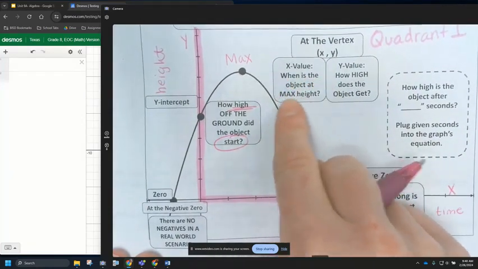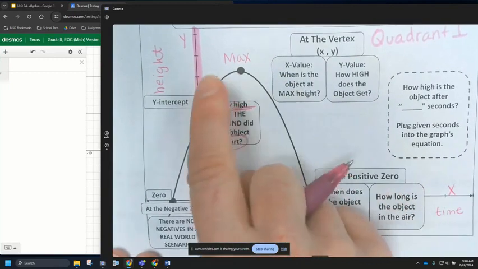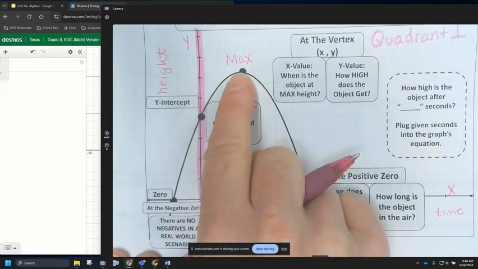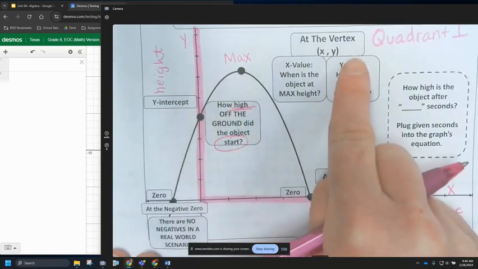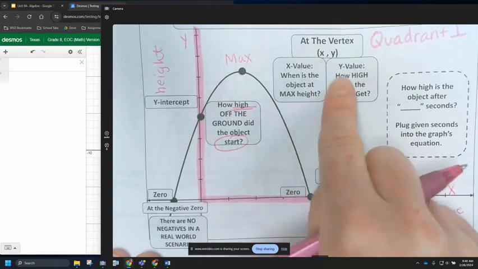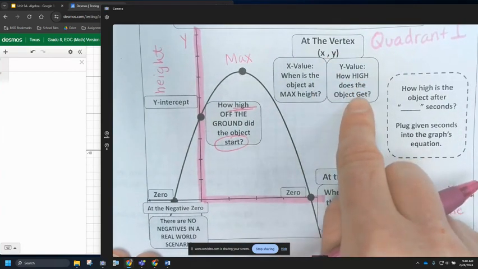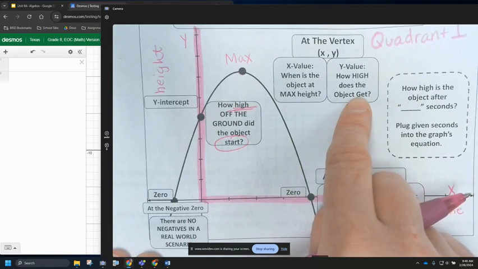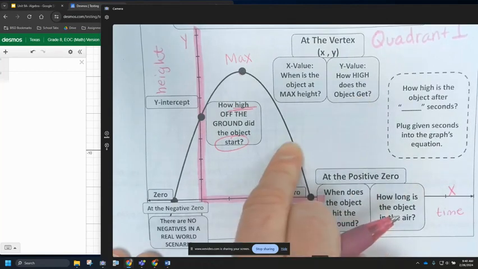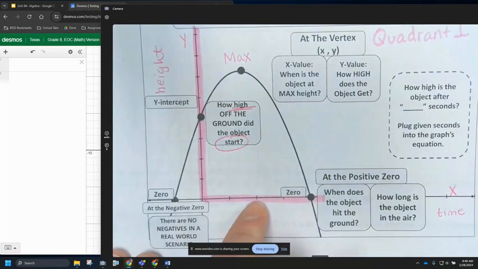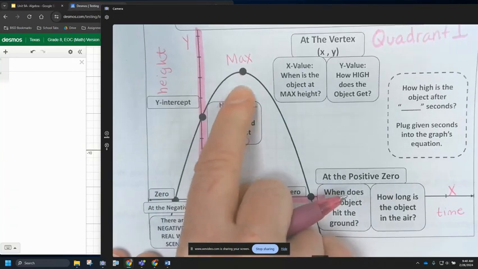X is when the object is at max height. So let's say it's at 20 feet or whatever it is. The y value of the vertex is how high the object gets. Or you could talk about what is the time that the object hit that maximum height.